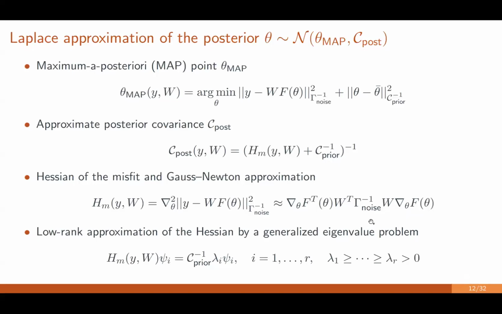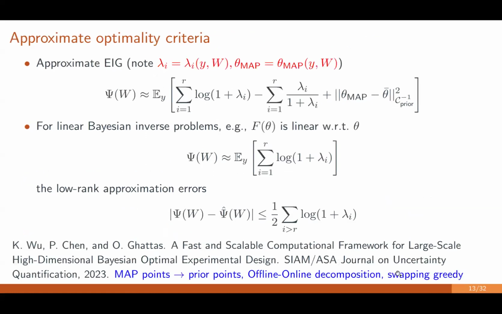Once we solve it offline, every time in online computation, we can simply assemble this matrix without any PDE solve, and solve this generalized eigenvalue problem, which becomes small scale, essentially r-dimensional. With this offline online decomposition and some new algorithms, the swapping greedy algorithm, we can solve this nonlinear Bayesian OED problem efficiently.